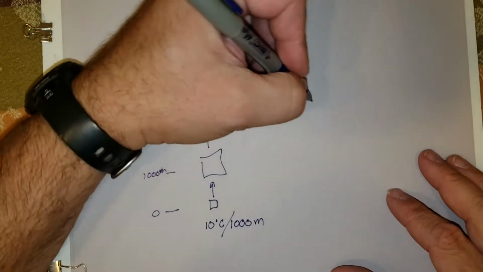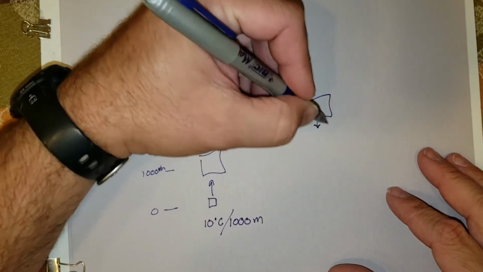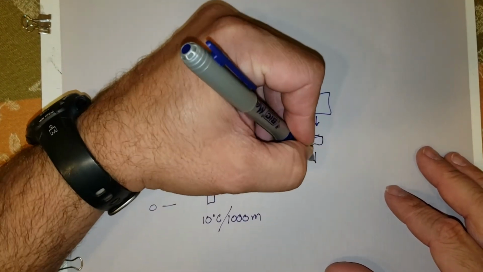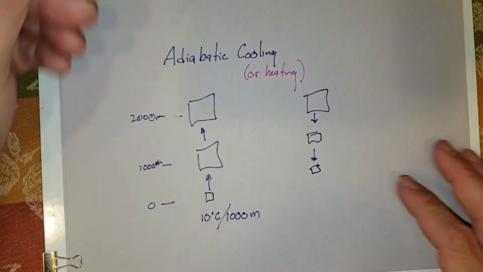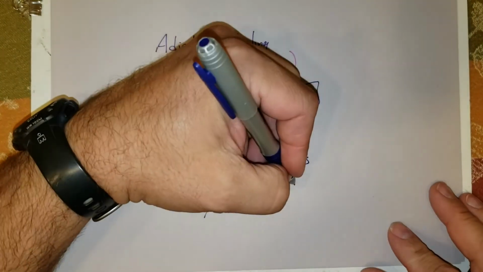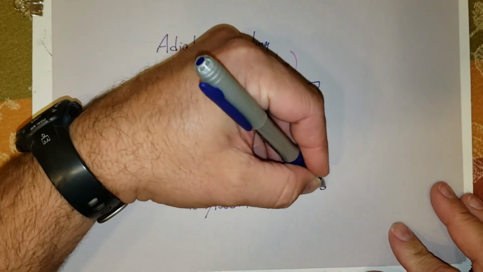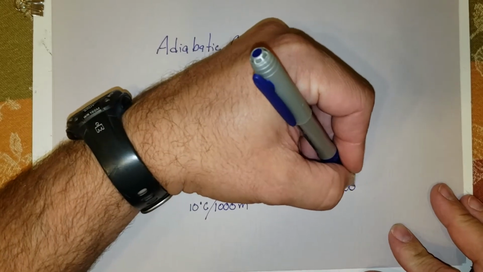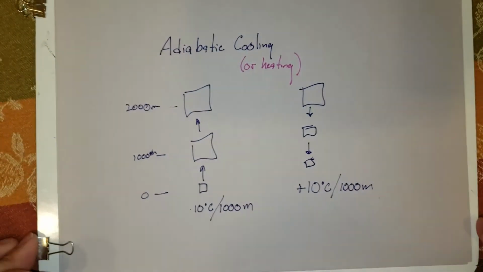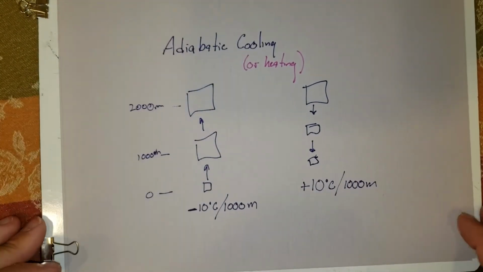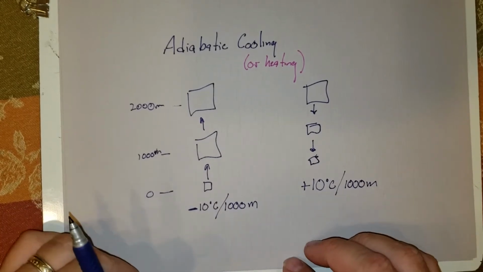The same thing is going to be true the other way. As this parcel is forced to come down and is compressed, it's going to be heating by positive 10 degrees Celsius per 1,000 meters. This one, of course, would be getting cooler, or negative 10 degrees Celsius for 1,000 meters.